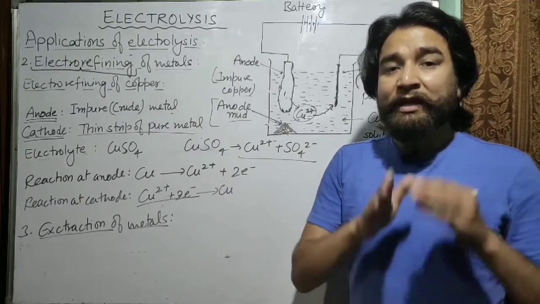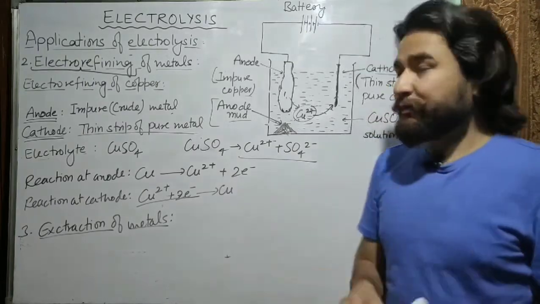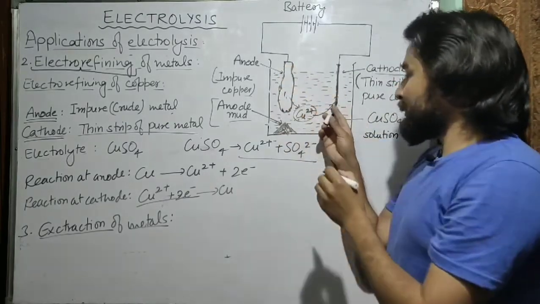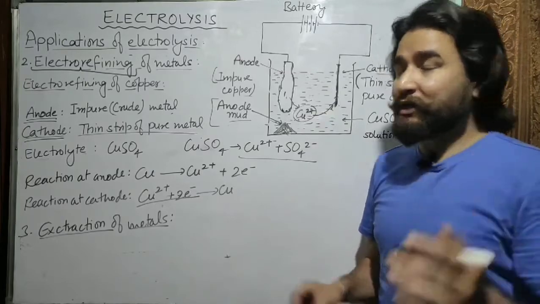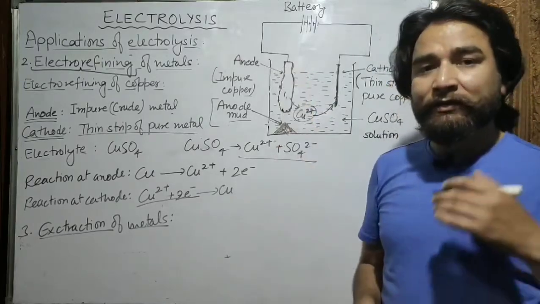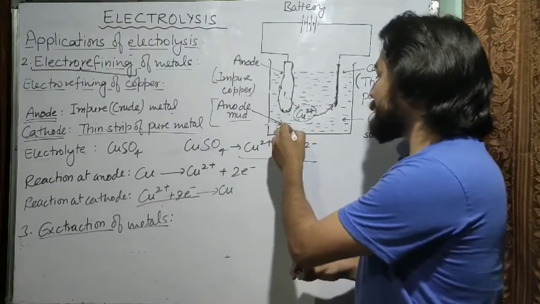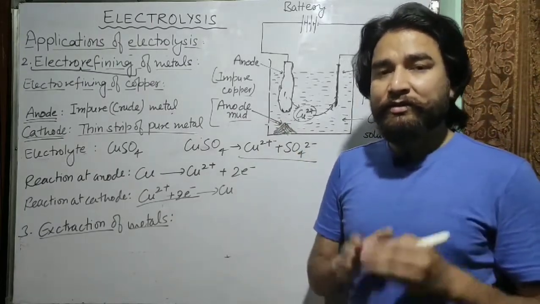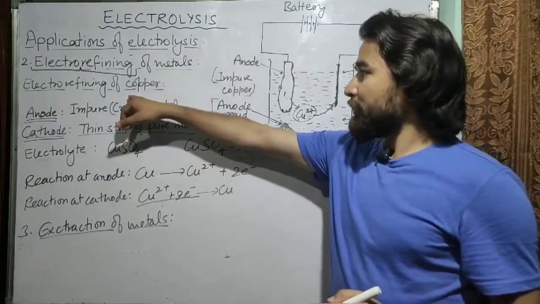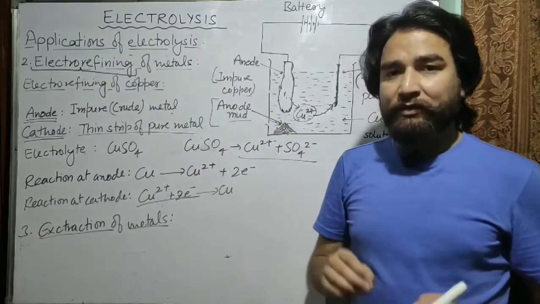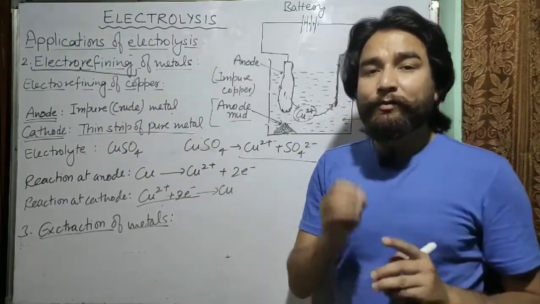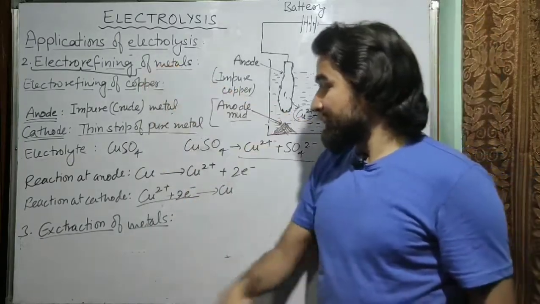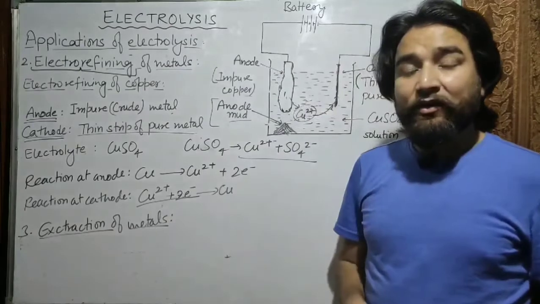Because in this process only copper will move towards the cathode, and all the impurities present at the anode will be deposited at the bottom. So this is the process of electrorefining of copper.